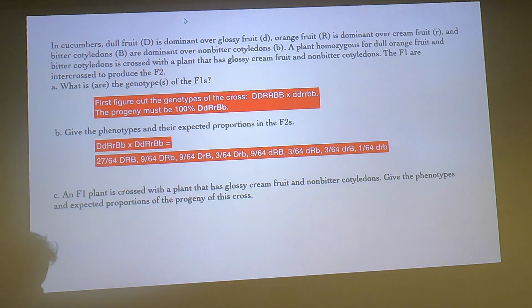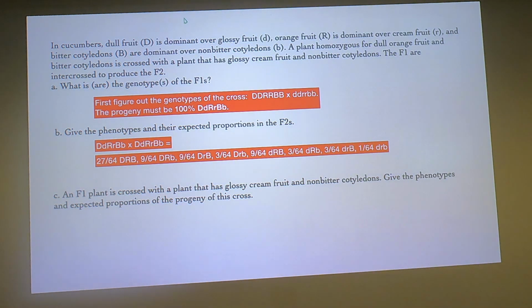And I won't bother to try to do them all here. Here's the final answer though. Yes, there are 1, 2, 3, 4, 5, 6, 7, 8 different combinations that result. And there are their proportions. So I'll leave it as an exercise for you to go through those and see that they all multiply out correctly.